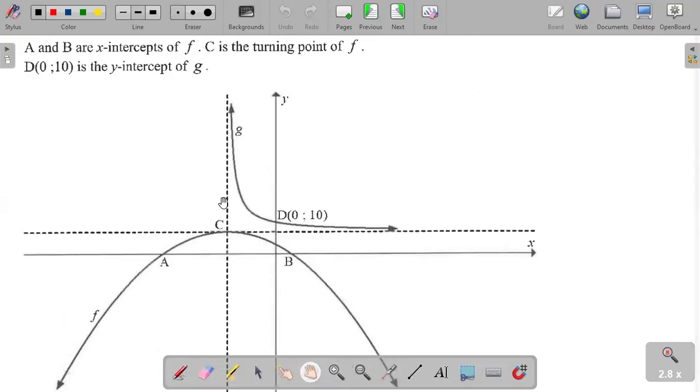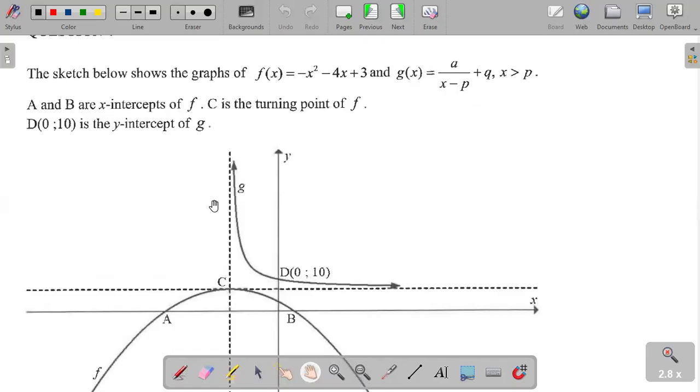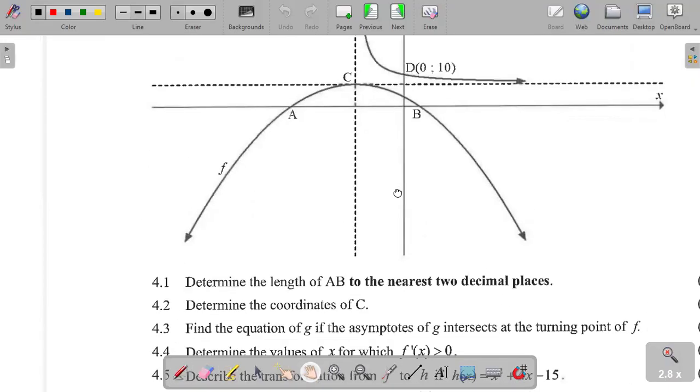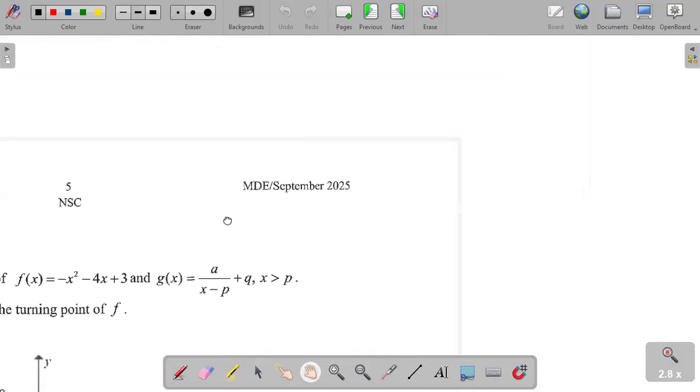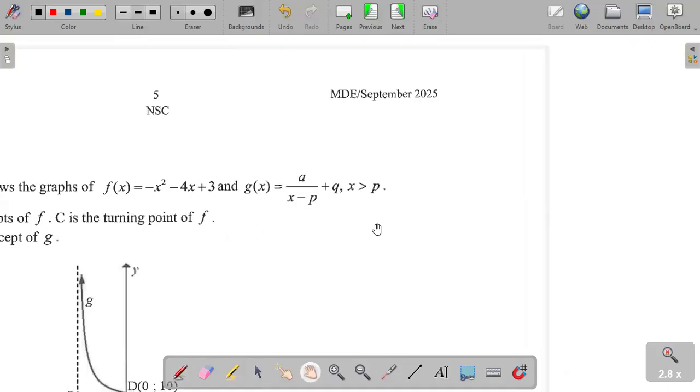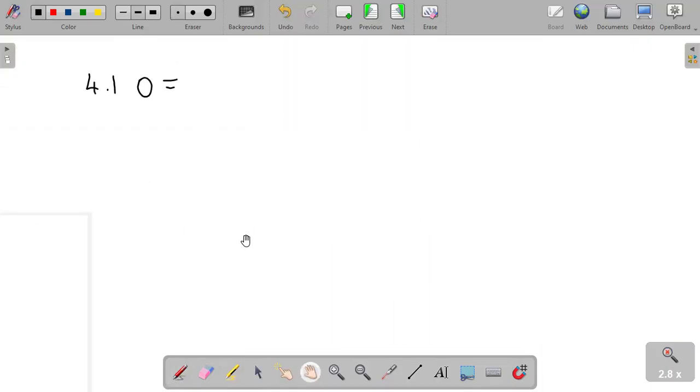So for the intercepts, we know that y equals 0. So we have to equate, we have to say 0 equals to, so for 4.1, 0 equals negative x squared minus 4x plus 3.